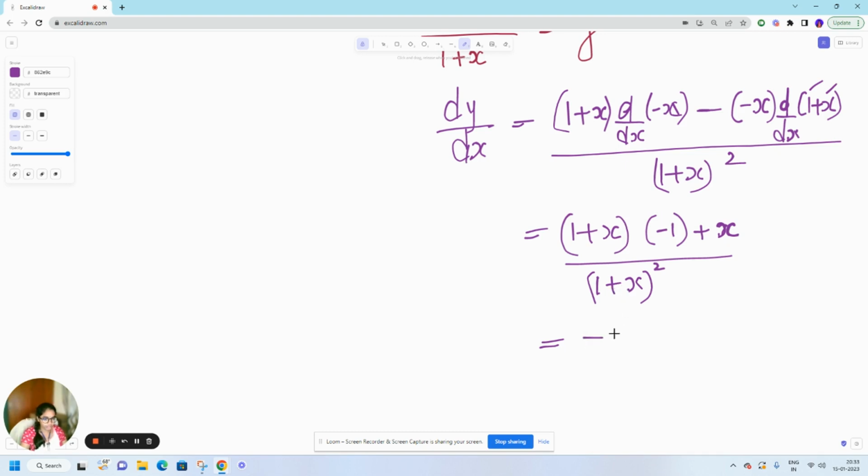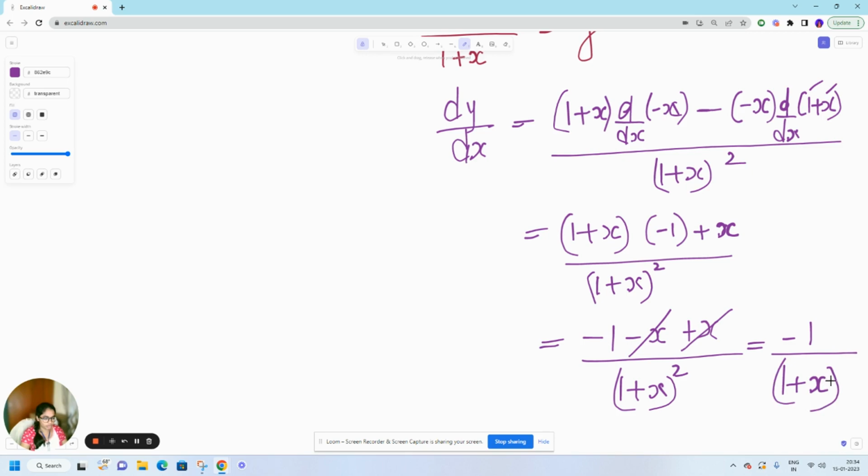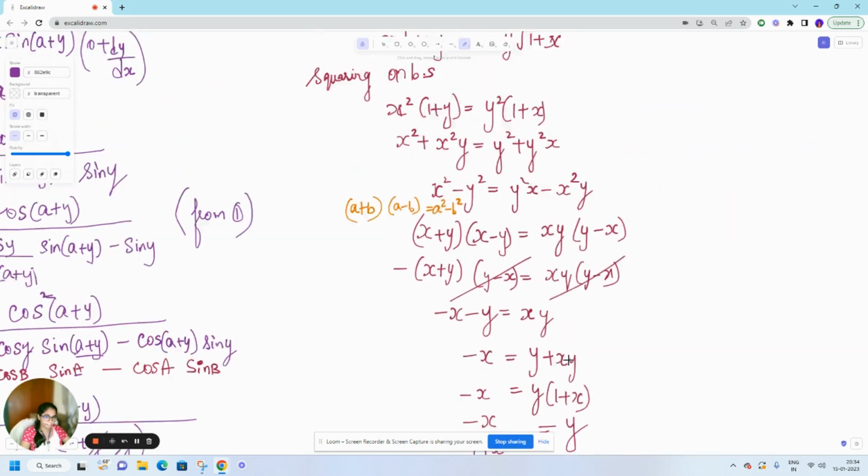That would be negative 1, negative x plus x divided by 1 plus x, the whole square. Negative x and positive x get cancelled. So this is equal to minus 1 divided by 1 plus x, the whole square. This is dy by dx, our expected answer.